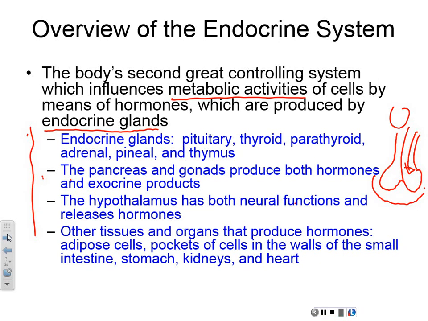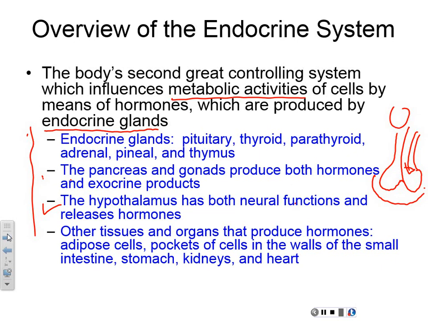All right. So it controls it by impulses or by releasing hormones such as thyrotropin releasing hormone, which causes the pituitary gland to release thyroid stimulating hormone. All right. So that's the hypothalamus there, and it controls all the things like hunger, pleasure, and all those things are controlled by the hypothalamus.